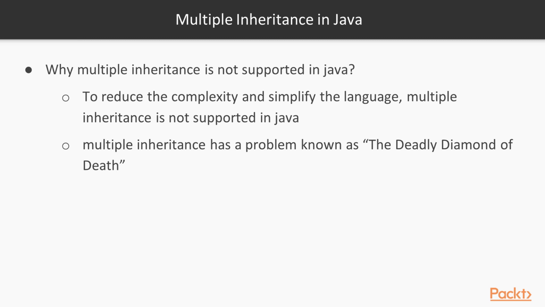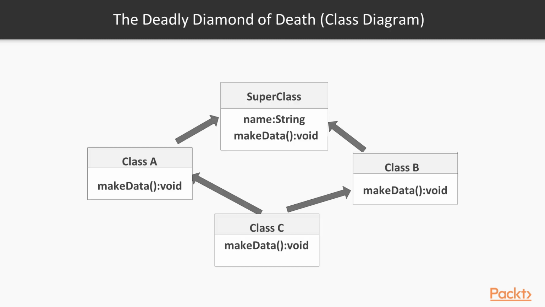First, to reduce the complexity and to simplify the language, multiple inheritance is not supported. Another problem is what we call DDoD, which is known as Deadly Diamond of Death. I'll give you a quick overview of what DDoD is and how it prevents us from using multiple inheritance in Java. If you can see the class diagram that I have created for you, it first focuses your attention on the superclass which has a string name.